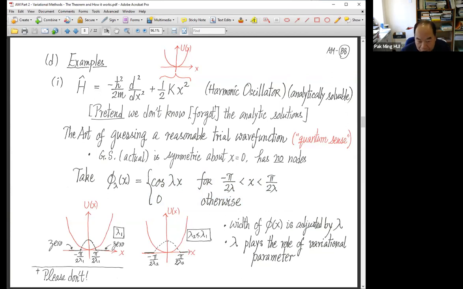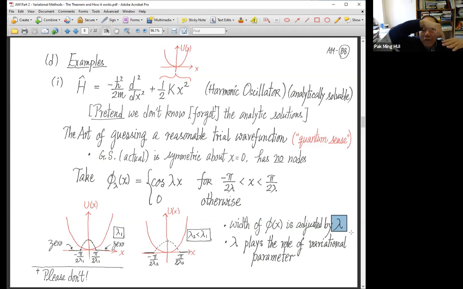Another one, lambda 2, which is smaller than lambda 1, you will see because lambda is in the denominator in the range, that actually is wider, okay? But that is lower here, all right? So you see one parameter inserted into the trial wave function that governs the width. Do you see the point?